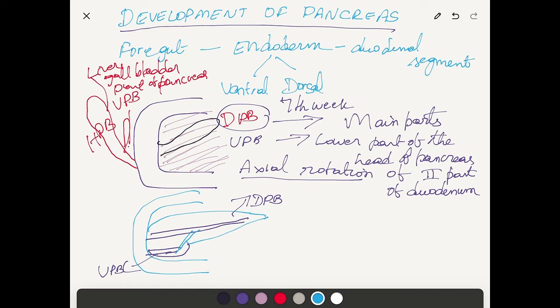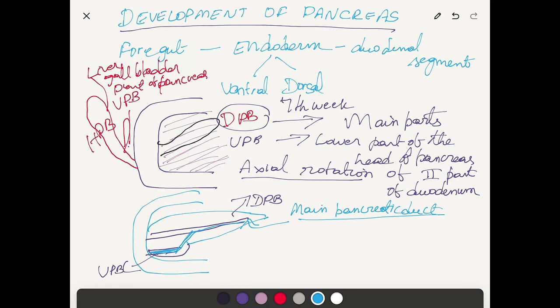We will see the main pancreatic duct, otherwise called the duct of Wirsung. How is it formed? This main pancreatic duct is derived from the distal part of the dorsal duct, this oblique cross communication, and the proximal part of the primitive bile duct. That is the main pancreatic duct formation.